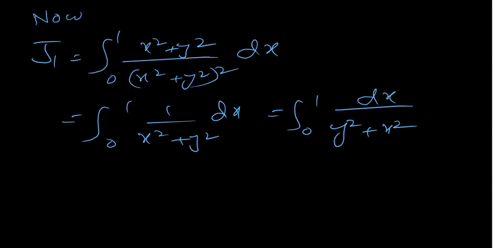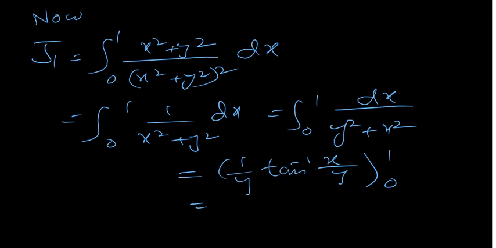What's the value of the integral? It's 1 over a, which is here y, into tan inverse of x by a, which is y here. Limit is 0 to 1, and that's equal to, when I apply the limit 1, it's 1 by y tan inverse of 1 by y minus the value at 0 which is equal to 0. So j1 is equal to 1 over y tan inverse 1 over y.